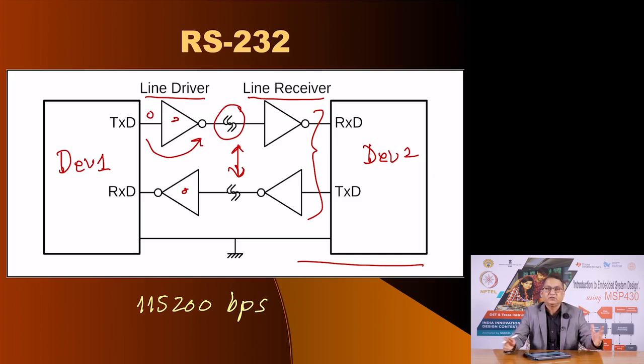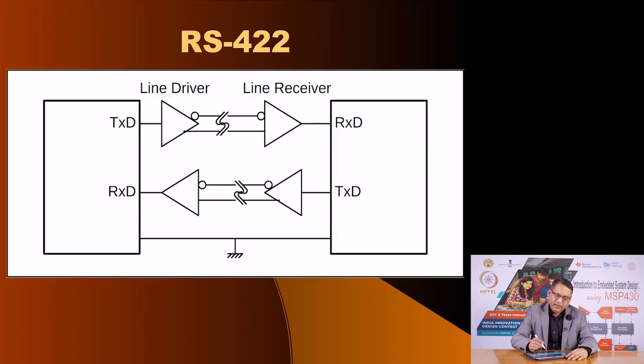Now, as the distance between the transmitter and receiver increases, the possibility of noise corrupting the data increases, and one method of reducing that noise is to have a different kind of line driver and receiver, one that is called differential transmitter and receivers. It leads to a different protocol, and that protocol is called RS422.